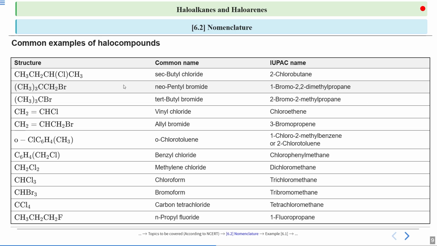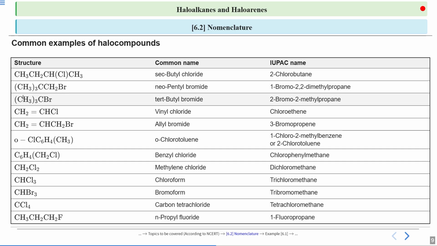Then we have the structure (CH3)3CCH2Br. This is neopentyl bromide. We have bromine present at the carbon, and the structure has 3 substituents. For the IUPAC name, it will be 1-bromo, because at the first position we have bromine, and 2,2-dimethyl, because at the second position we have 3 methyl substituents.